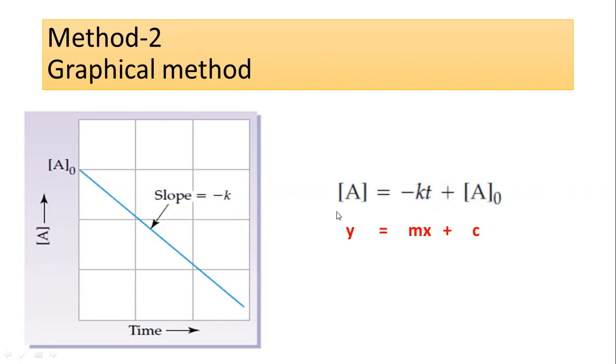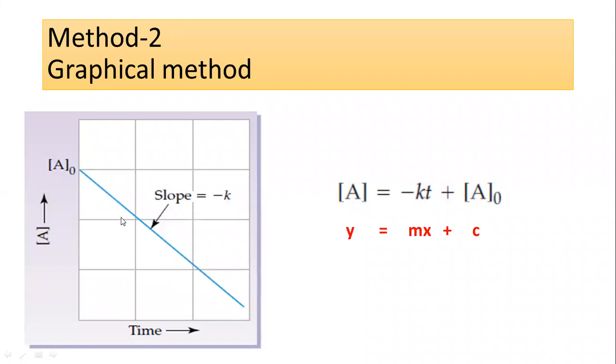As I have said before, you must be very confident: if this equation is for the zero order reaction, there will not be any other equation like this. So your statement will be: if the graph is plotted between the concentration of the reactant and the time, giving you a straight line with negative slope, that means it is a zero order reaction.